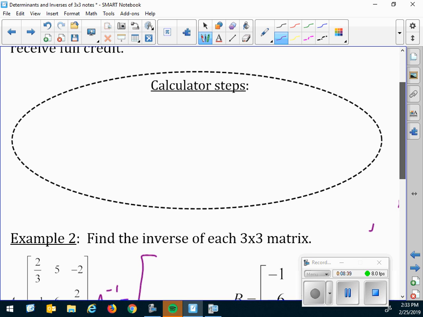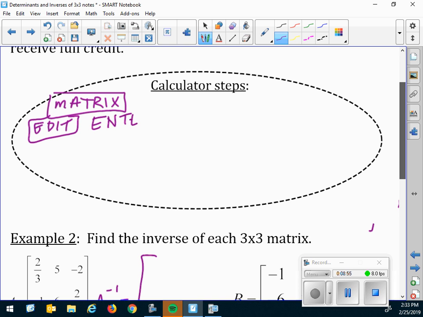So if you want to go to matrix, edit, that's edit, and enter. You want to enter your dimensions and the elements.